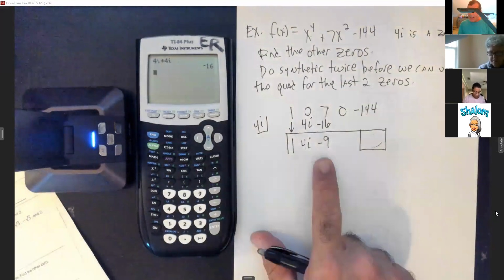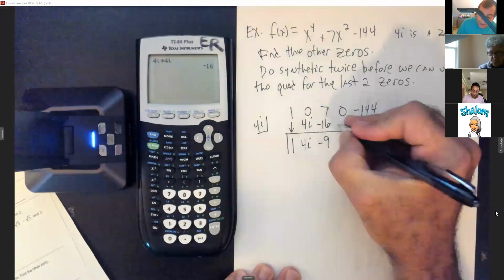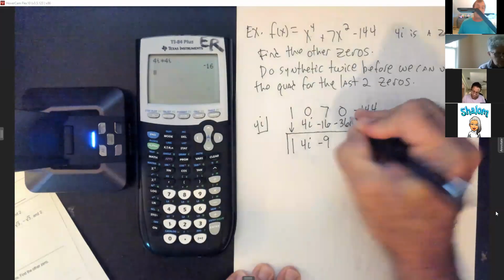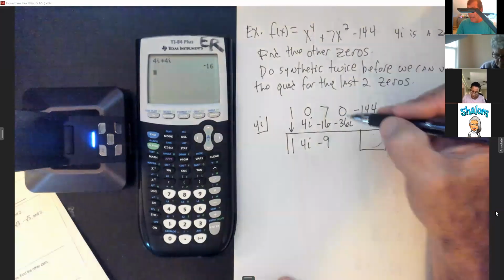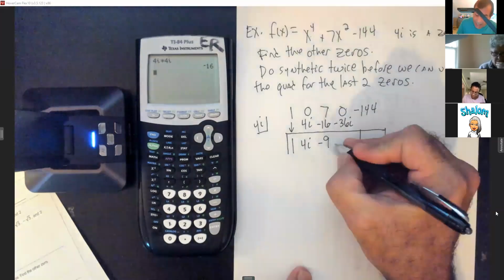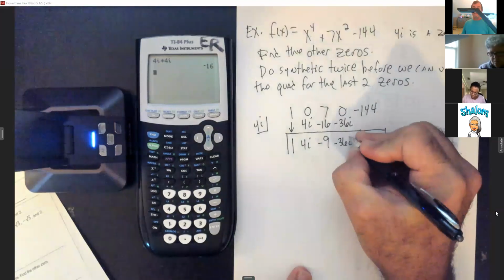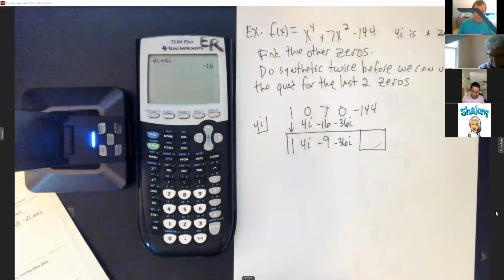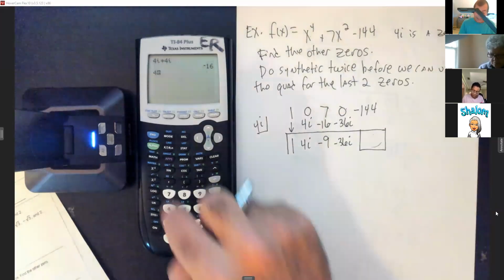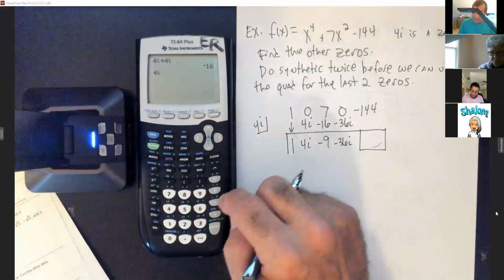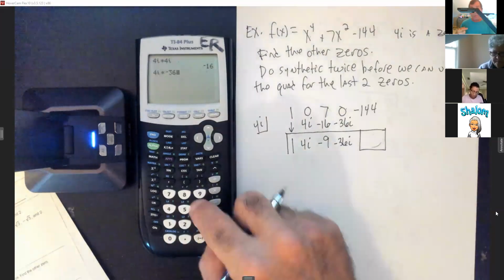All right, -9 times 4i is a -36i. 0 and a -36i is a -36i. So now watch this. I'm going to multiply 4i times a -36i.